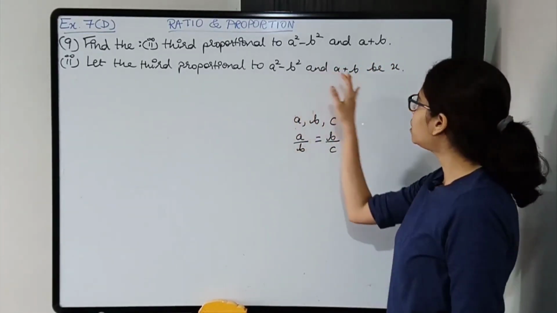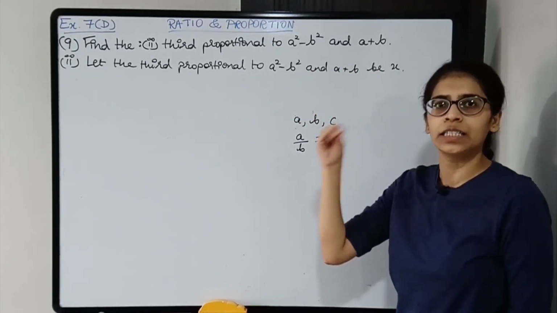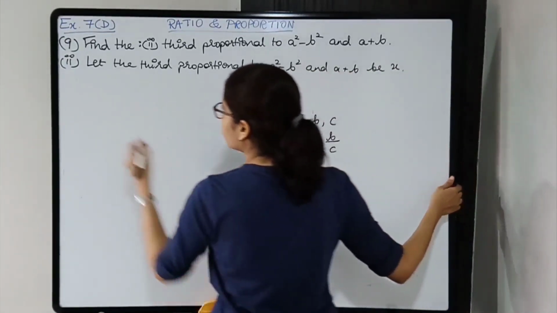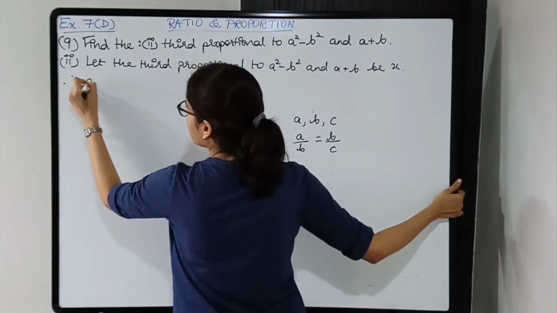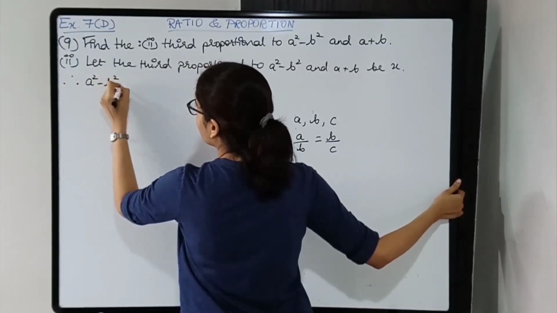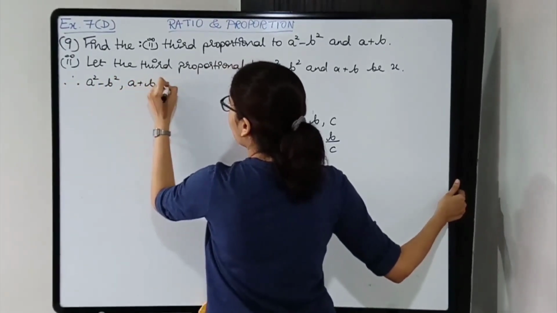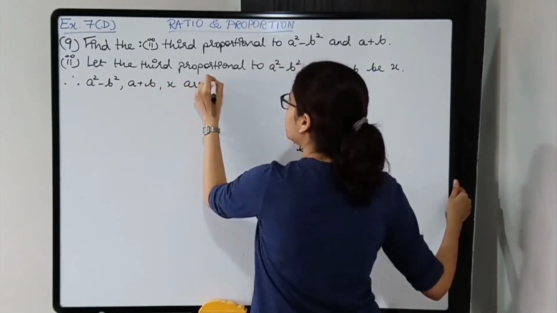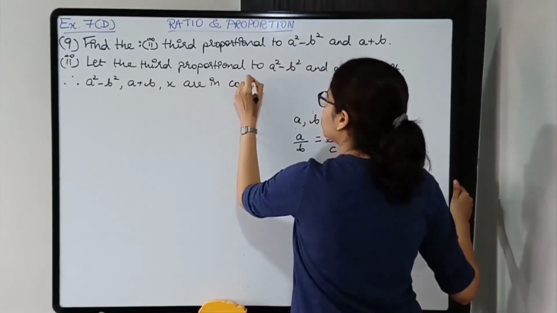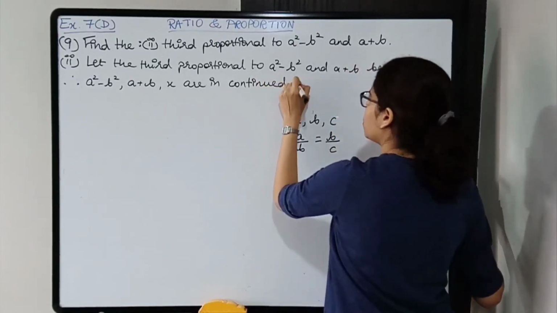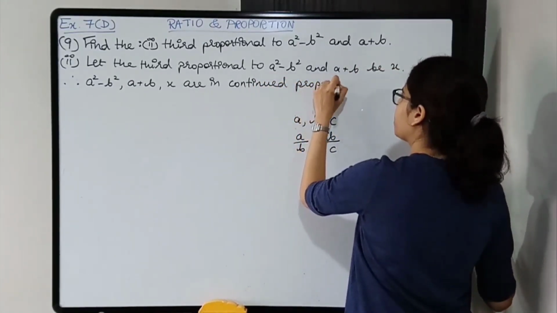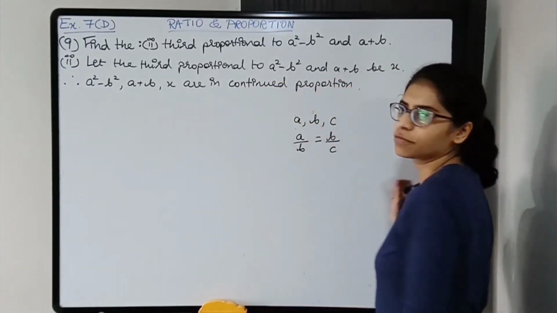So it means the three terms or the three quantities are in continued proportion. So you have to write that down. Therefore, a square minus b square, comma a plus b, comma x are in continued proportion. ठीक है.